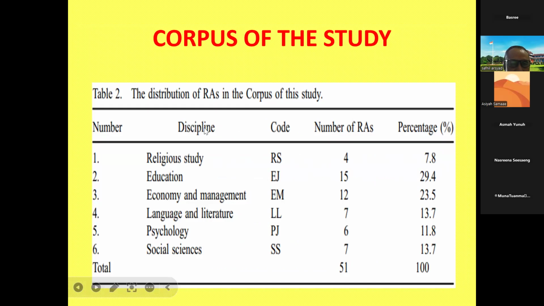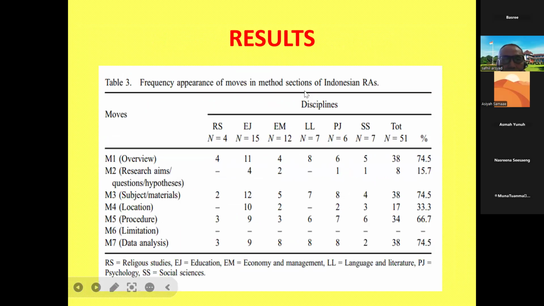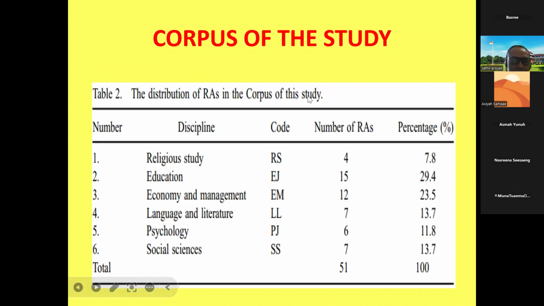So I took it from religious study, education, economy and management, language and literature, psychology, or social sciences. The number of articles included in the corpus of the study are not the same, because the number of available articles are also not the same.